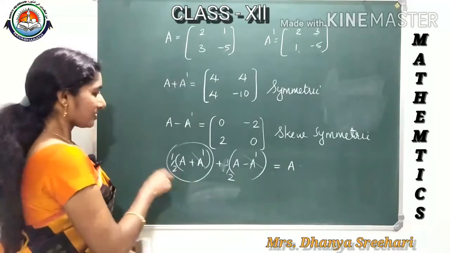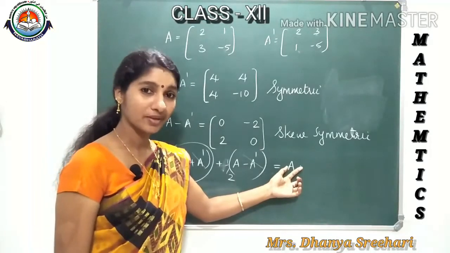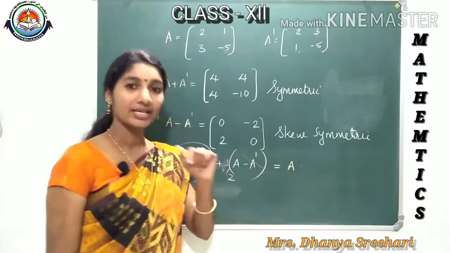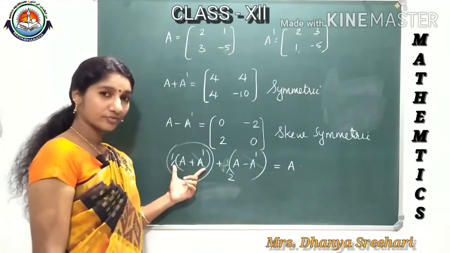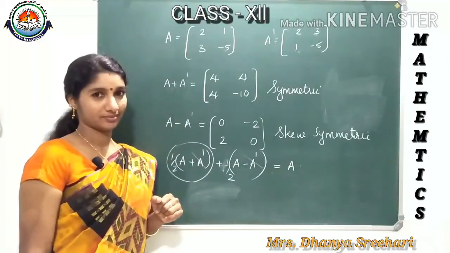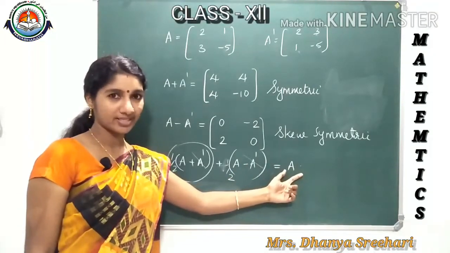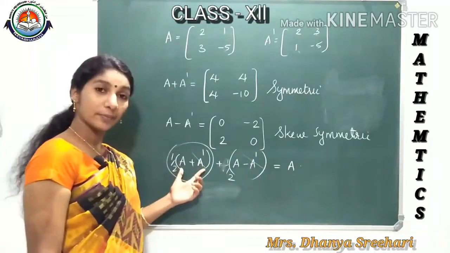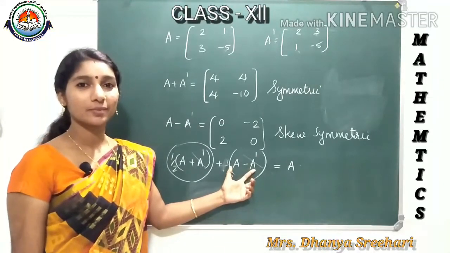Okay. So what can we write for any matrix A? We can express any square matrix as a sum of a symmetric matrix and a skew symmetric matrix. Clear? And which is that symmetric matrix?